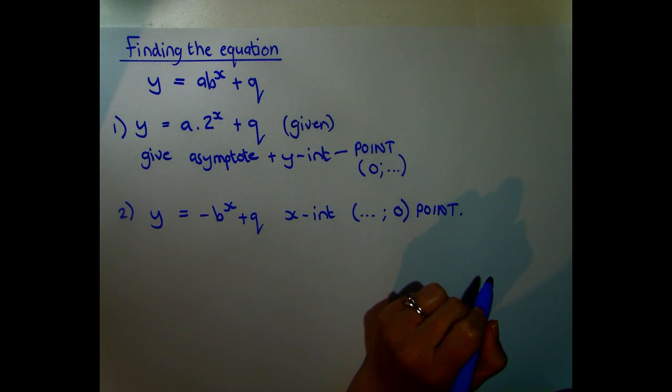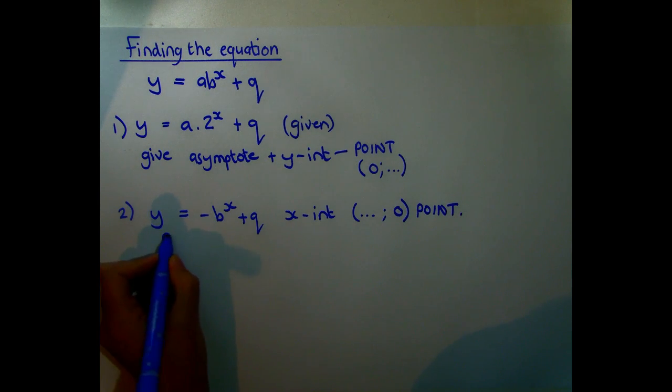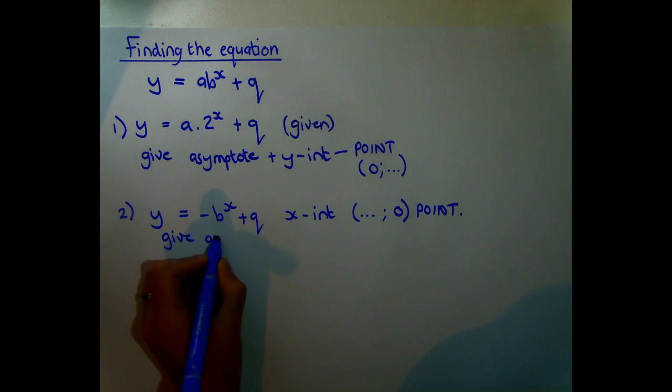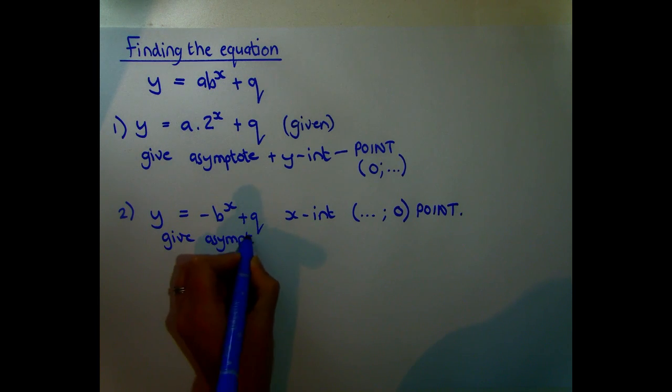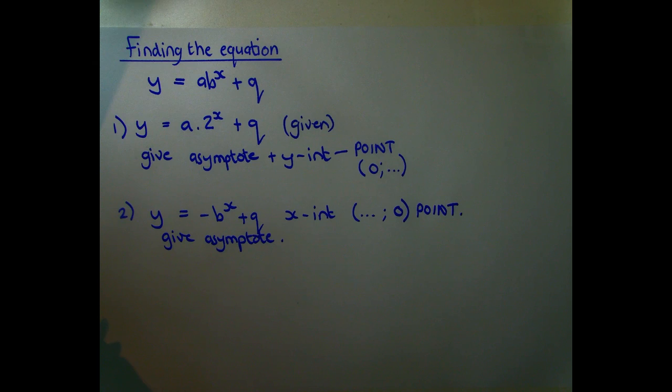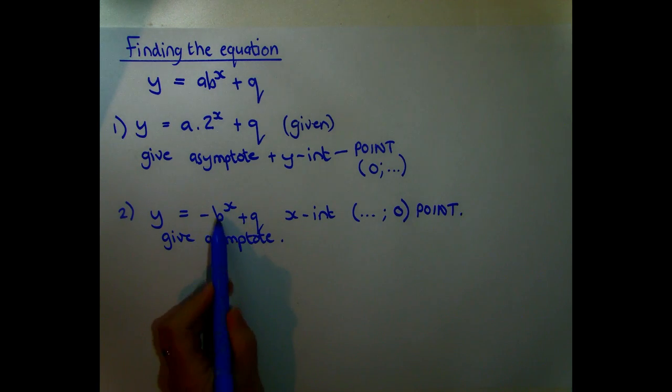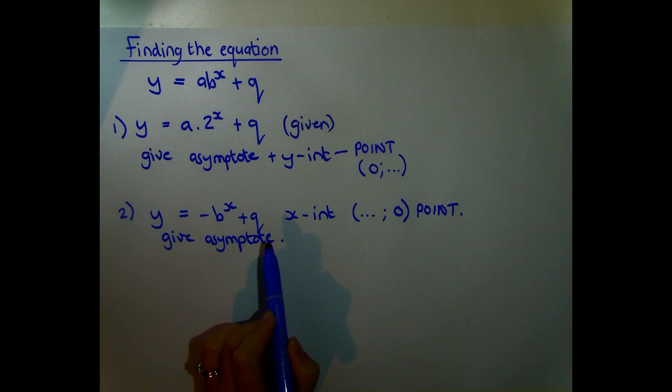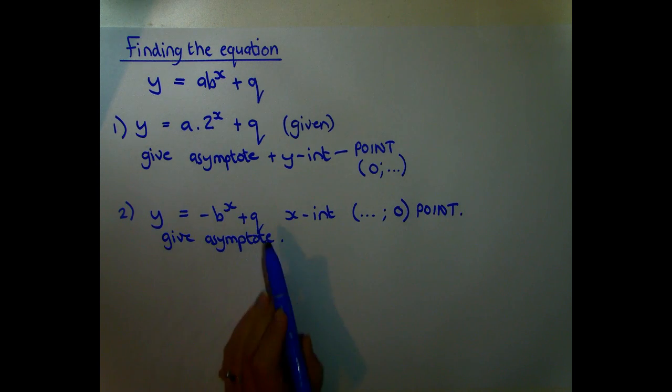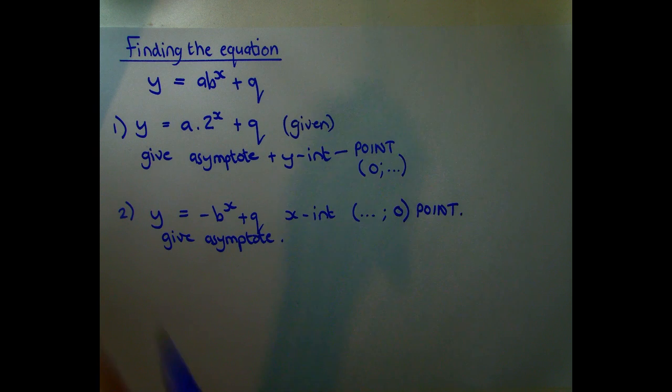Then if they also give you the asymptote, you have enough. Here, you would be trying to solve for the b value because they've given you a as -1. You sub the x-intercept into x and y, and the asymptote gives you q. You've got to get it back into that format so that you've actually found the equation for the graph.